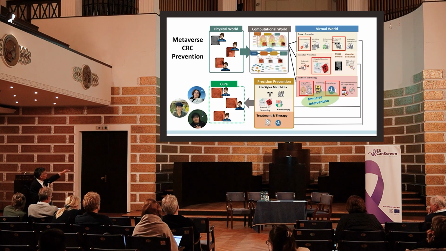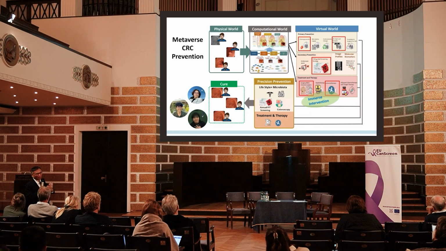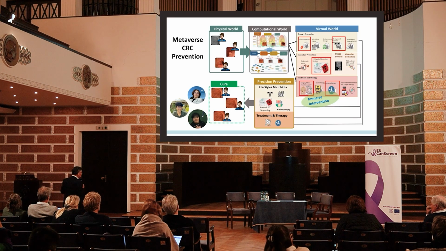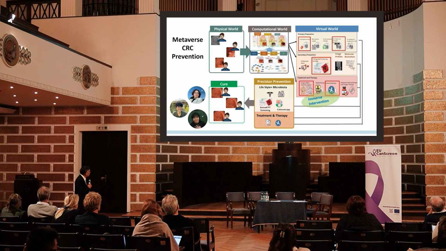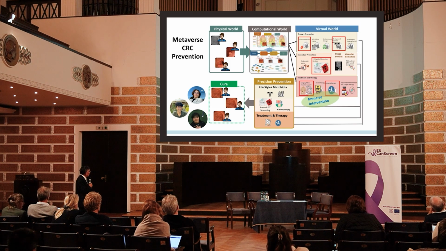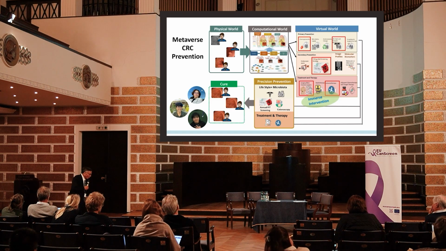Then you can assign the primary prevention, secondary screening test, and tertiary prevention, and evaluate the combination to get the result of the personal interventions. For example, if one person wants to have a lifestyle change, you suggest an annual screening or colonoscopy based on fecal concentration, and also the treatment and therapies.